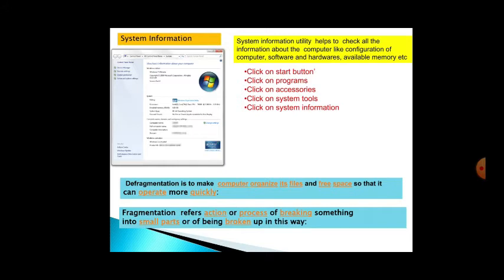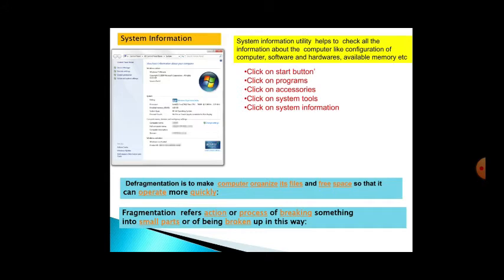Fragmentation refers to the process of breaking something into small parts. So we are going to defragment it, that is, organize all the files and give them memory locations so that the performance of the system also increases.